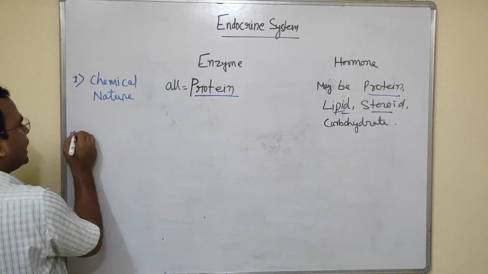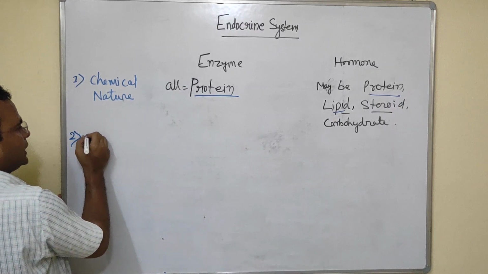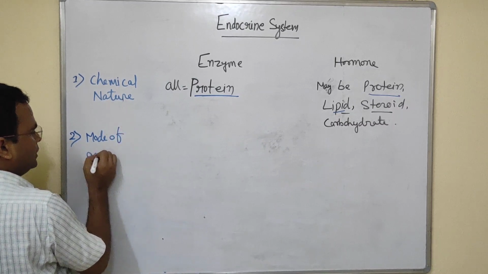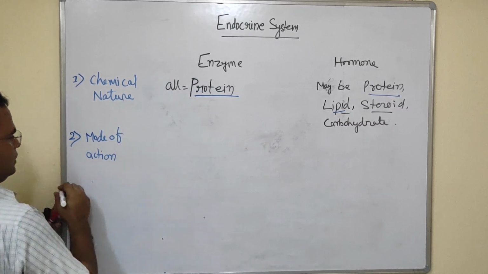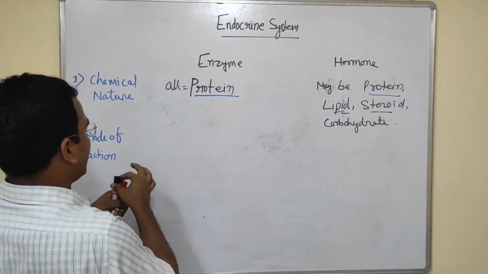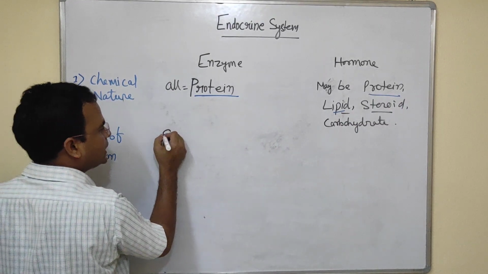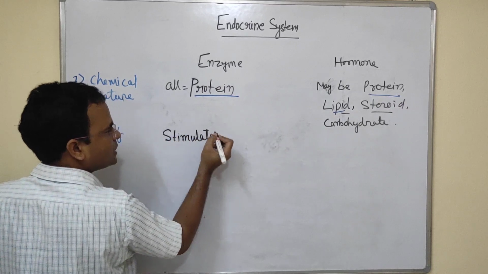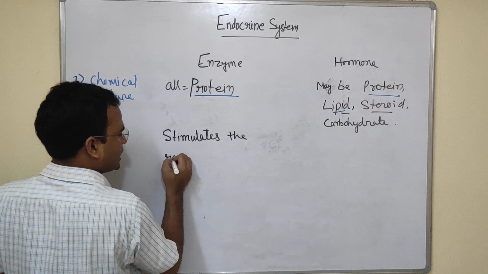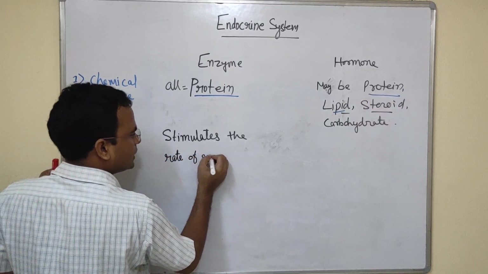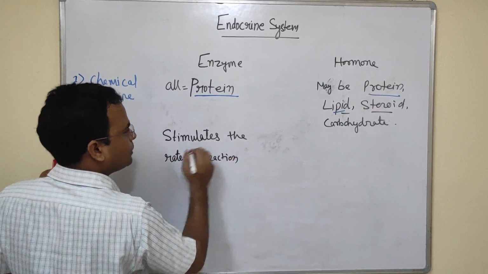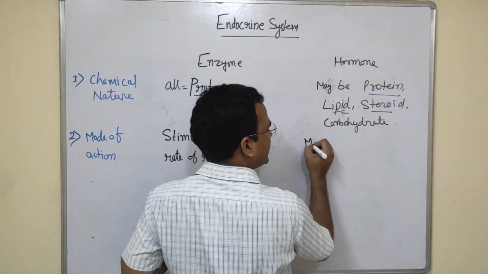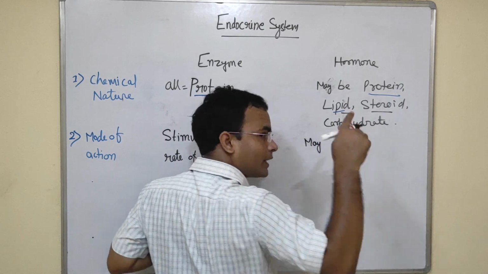The second parameter is the mode of action, how they work. Enzymes are always stimulatory in nature. They stimulate the rate of reaction. Hormones are dual: they may stimulate or inhibit.